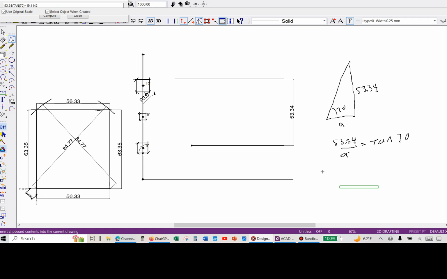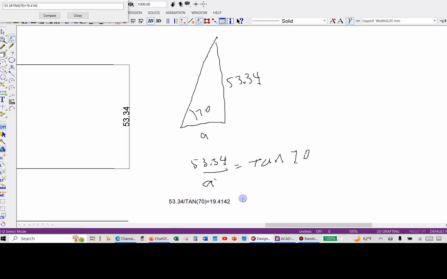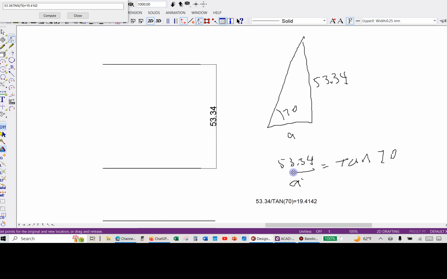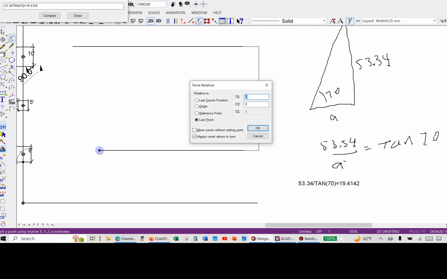This is pretty common. So 53 divided by tangent of 70 is 19.4142, right? So we're going to measure over a relative 19.4142, enter.